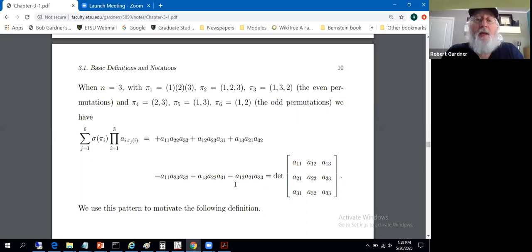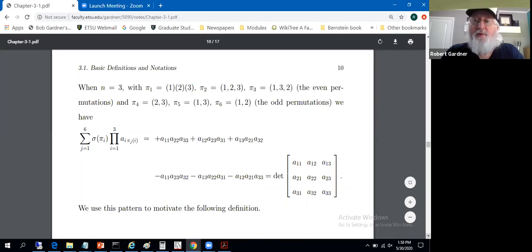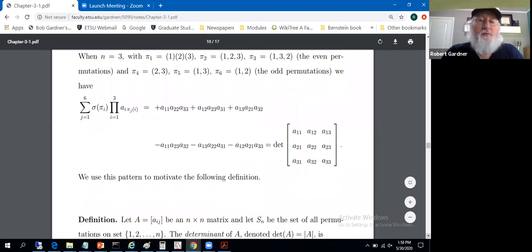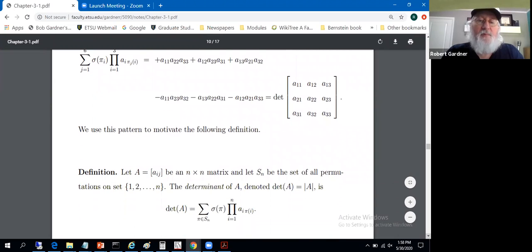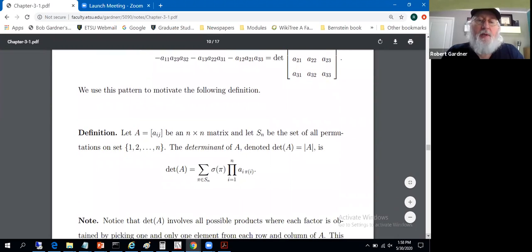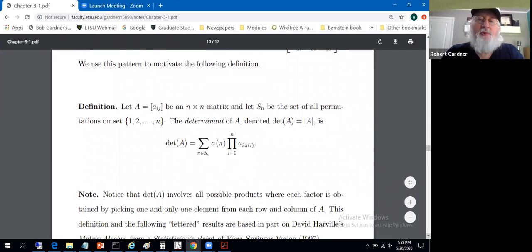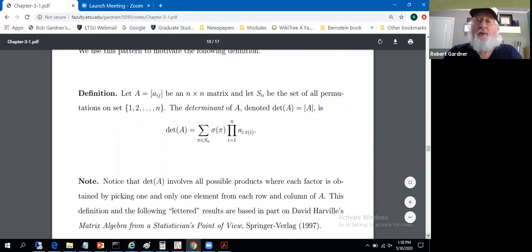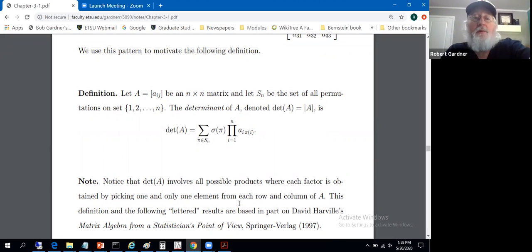Anyhow, if you compare this expression, that's exactly the determinant of this 3x3 matrix as you dealt with it in linear algebra. So with those observations, we're defining the determinant of an n by n matrix exactly according to that pattern.